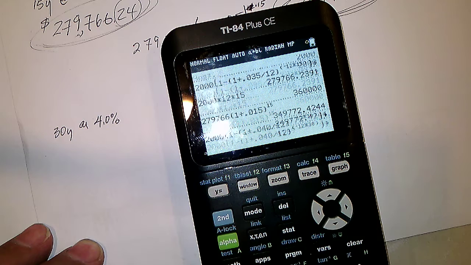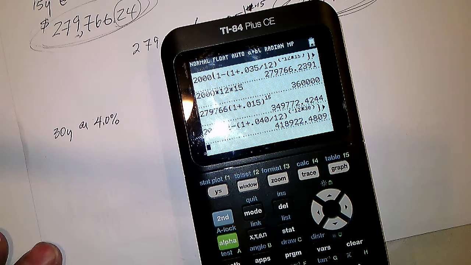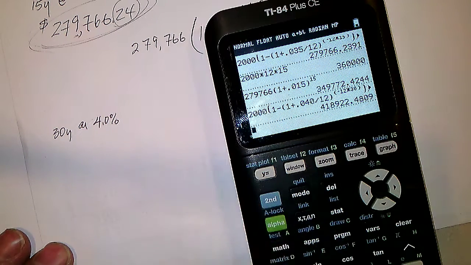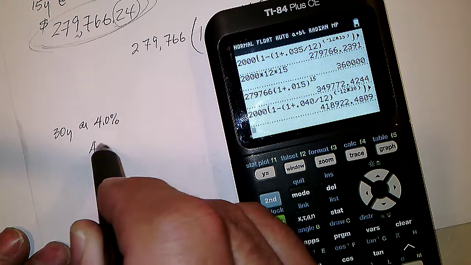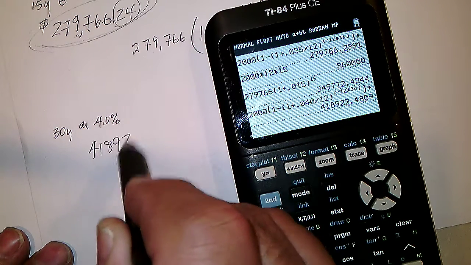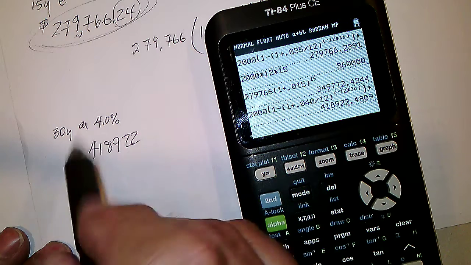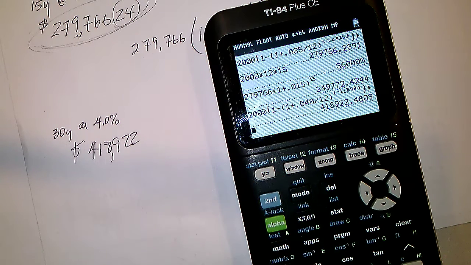So now we can take out a loan of $418,048, but that's close enough. So we can buy more of a house.